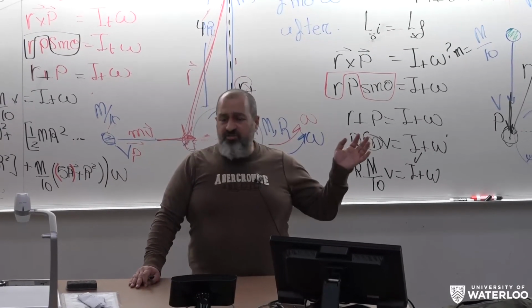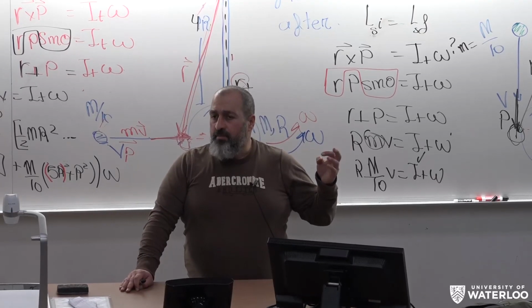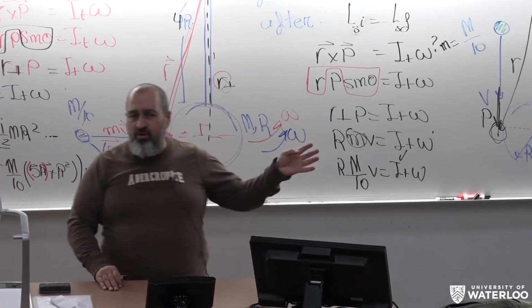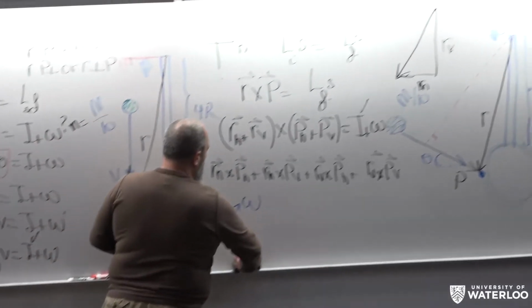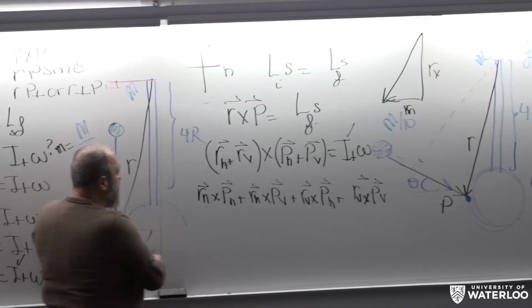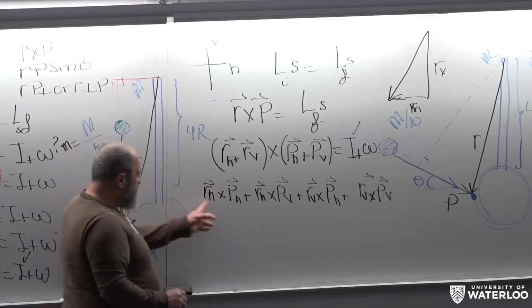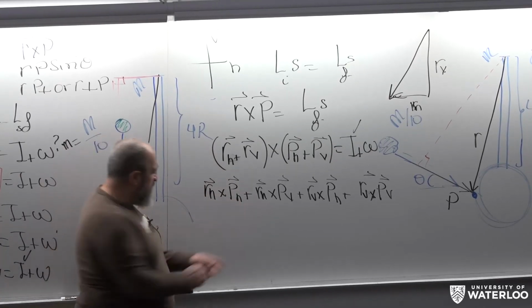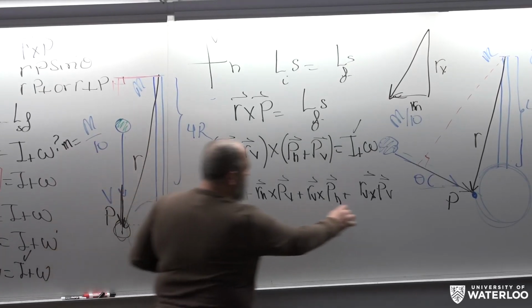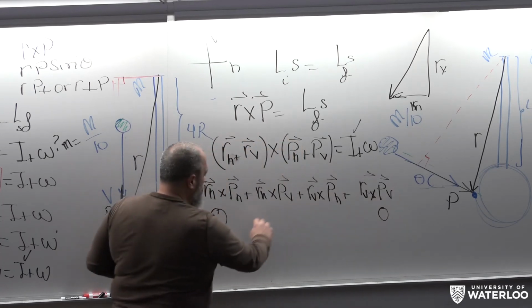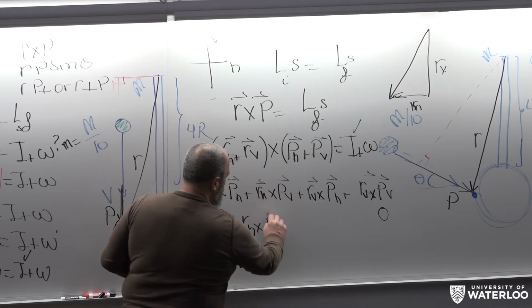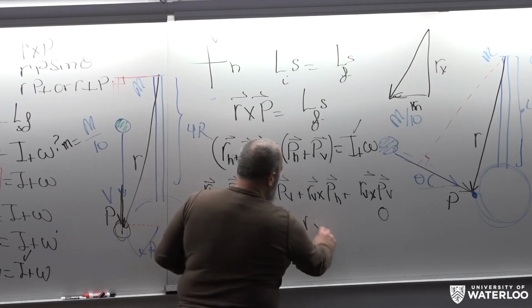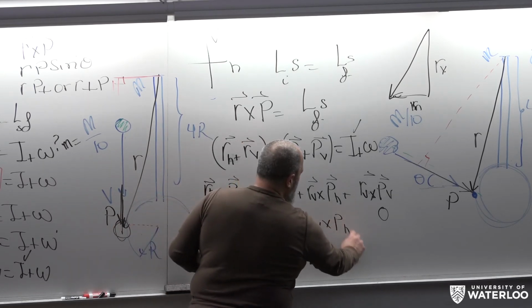We are almost done with this part. Bear with me to get it to a conclusion. What does this reduce to? R horizontal, help me out. This cross that is what? 0. This cross that is what? 0. It reduces to R horizontal cross P vertical plus R vertical cross P horizontal.